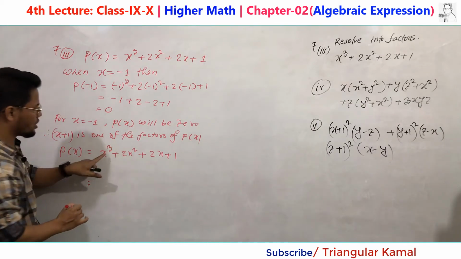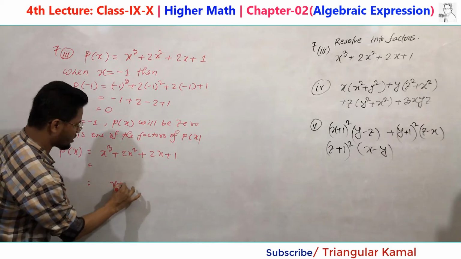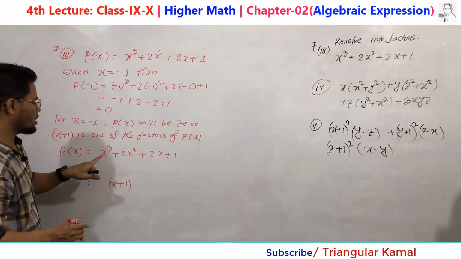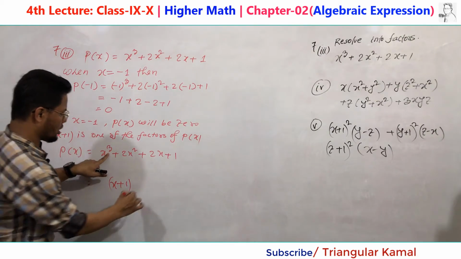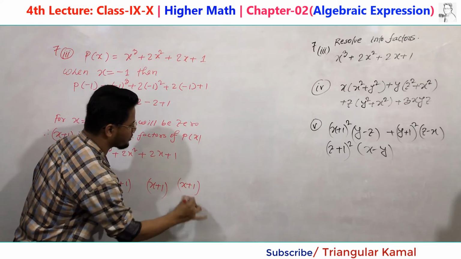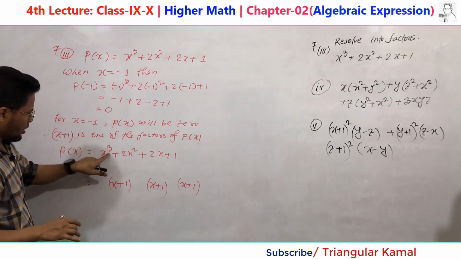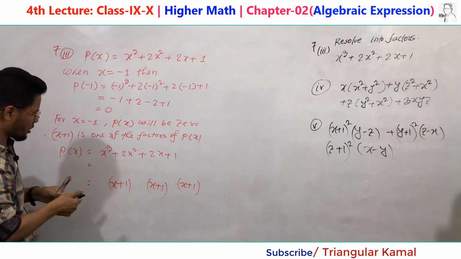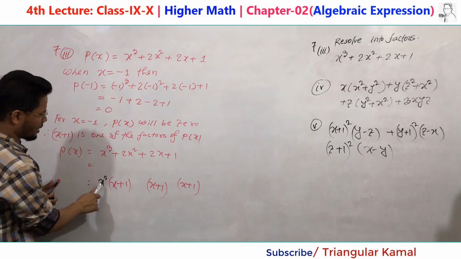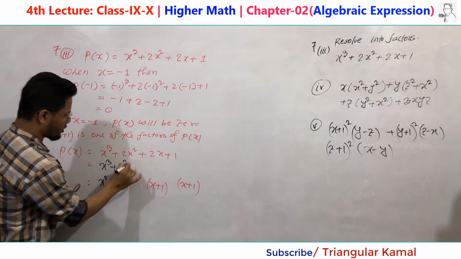Here x cube, so take common x square and multiply: x cube plus x square.